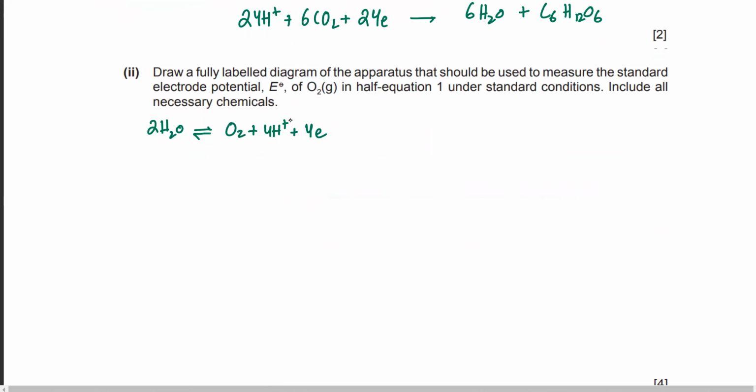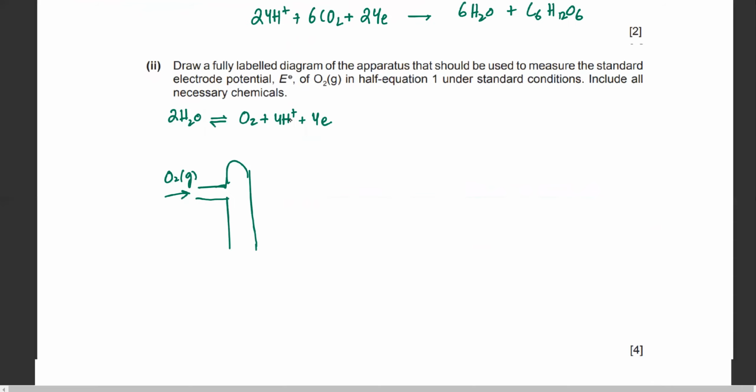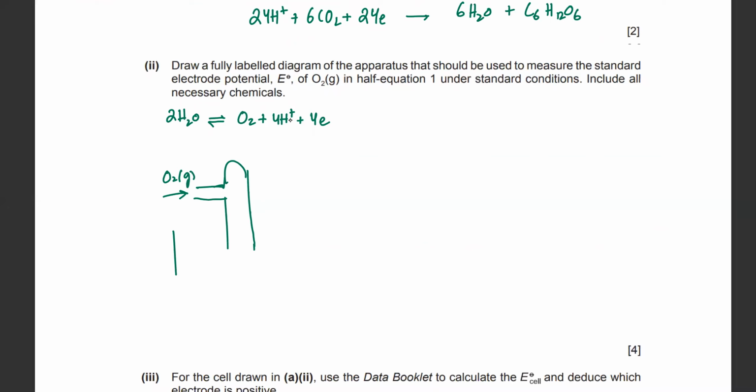Whenever you have a gas, the electrode is going to be a gas electrode. It's going to have a gas shower, so I'm going to make a gas shower over here. Let's say this is my gas shower. There's O2 gas that would be added here. It's going to be put in a solution, and the solution is going to contain H+ ions.